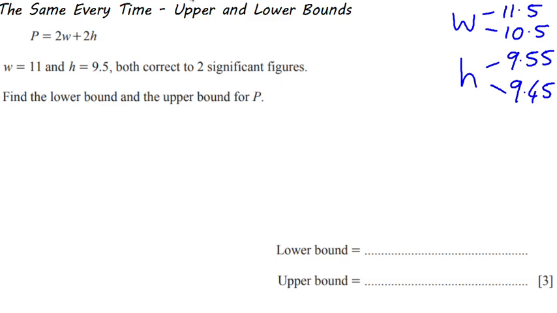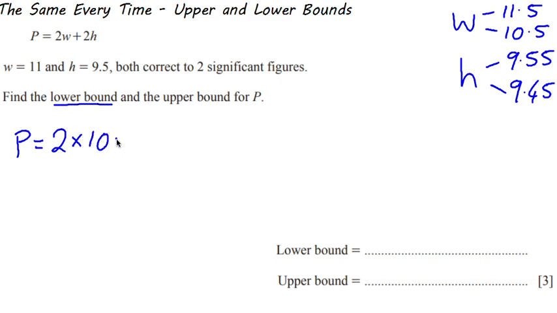Now I substitute those into the formula. I have to work out my upper and lower bounds first, and then I substitute those into the formula. So the lower bound for P, first of all they say find the lower bound for P. So P is 2 times W plus 2 times H. Well, to get the smallest possible value for P, I must use the smallest possible value for W, which is the lower bound.